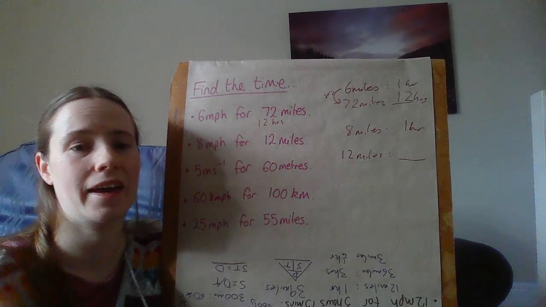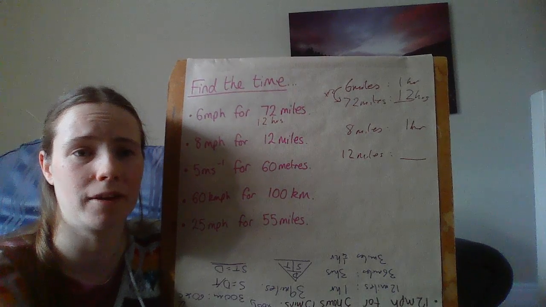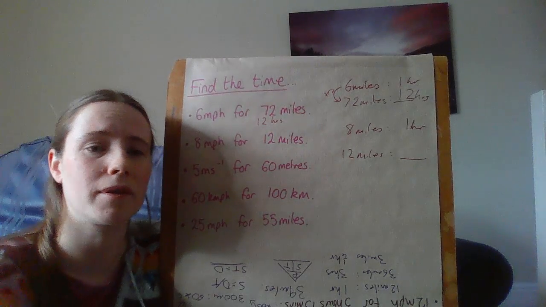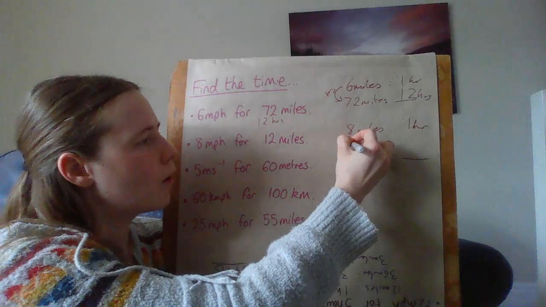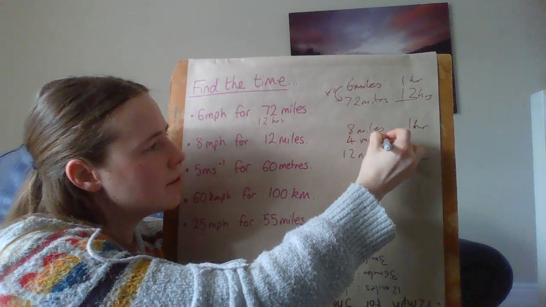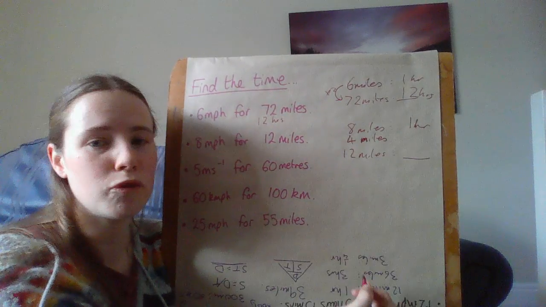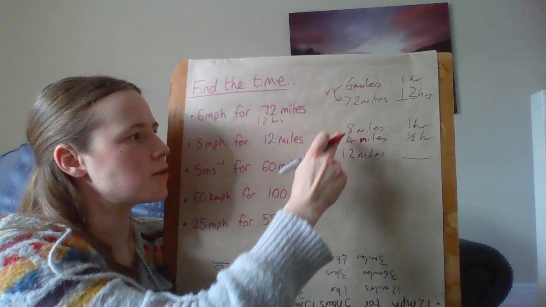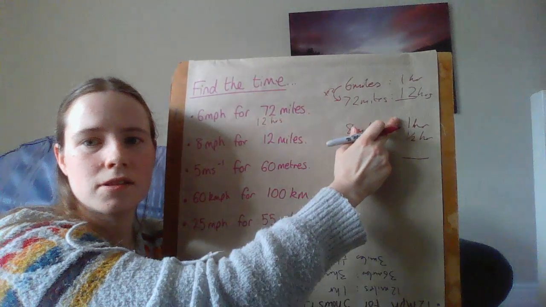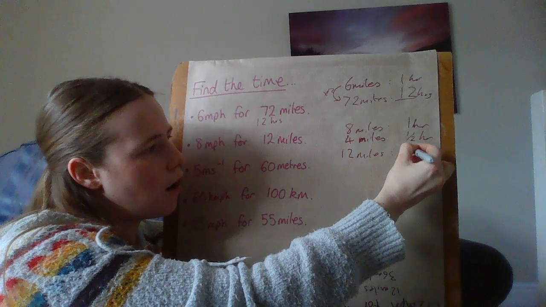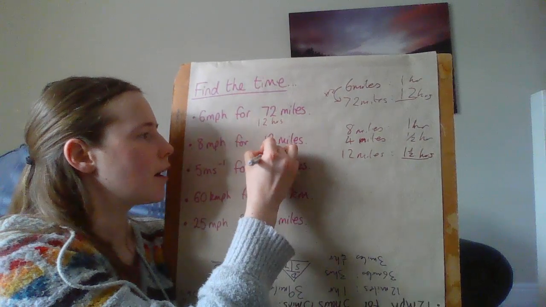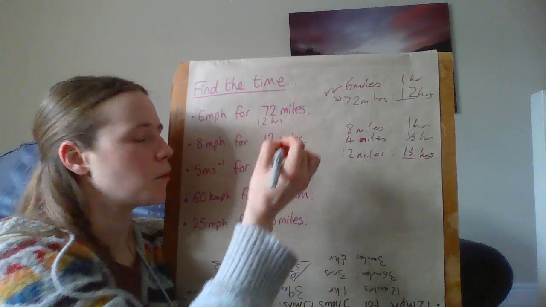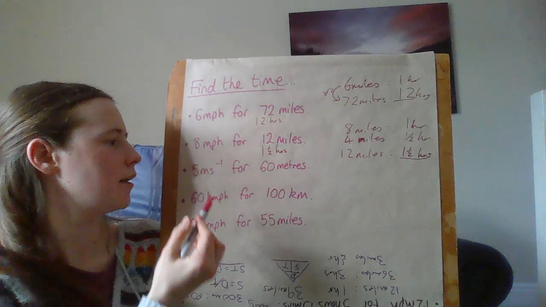So I can see here that I can work out 4 miles quite easily, and I can then put it with the 8. So I'm going to work out how long it will take me to get 4 miles by dividing by 2, which is half an hour. So if I want to get 8 miles plus another 4 miles, it's going to take me 1.5 hours. Okay, or 90 minutes.